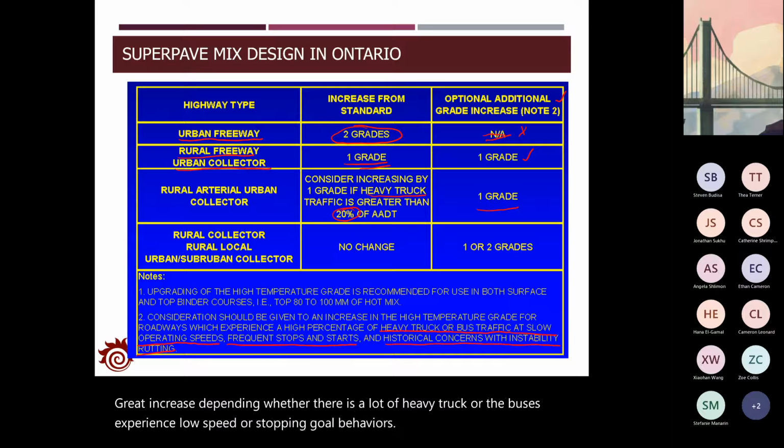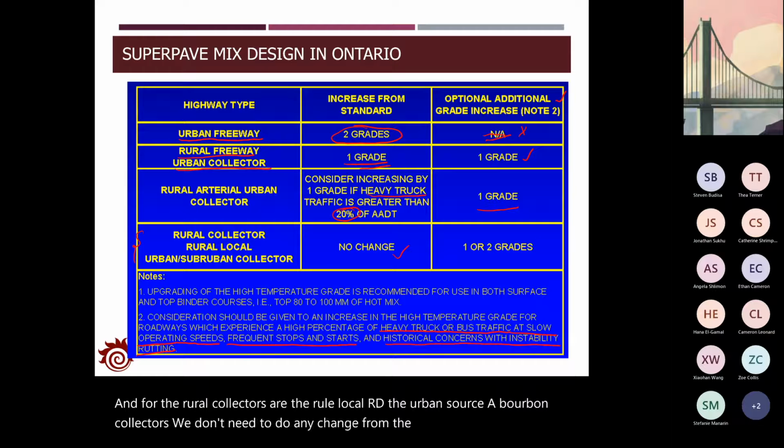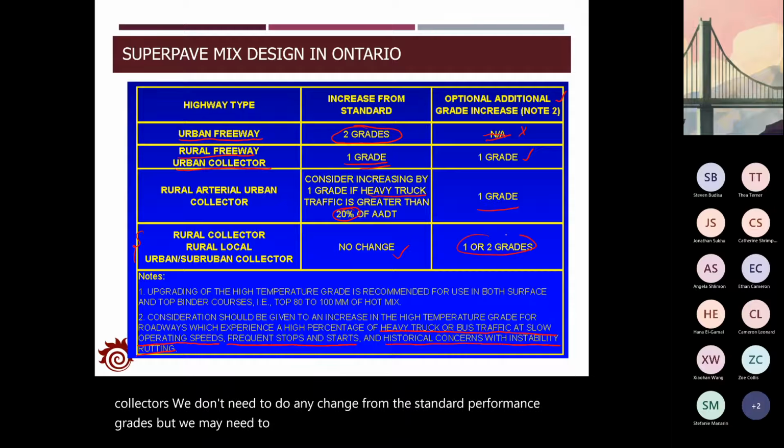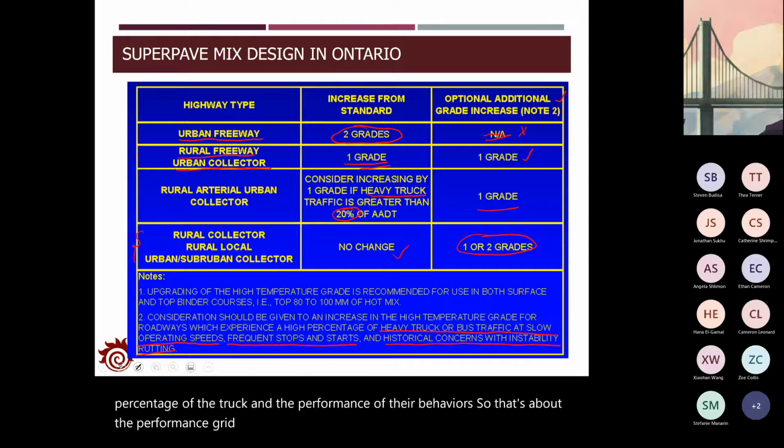And for the rural collectors or the rural local road, the urban or suburban collectors, we don't need to make any change from the standard performance grades, but we may need a 1 to 2 grade increase depending on the percentage of trucks and their behaviors. So that's about the performance grade of the asphalt binder in Ontario.